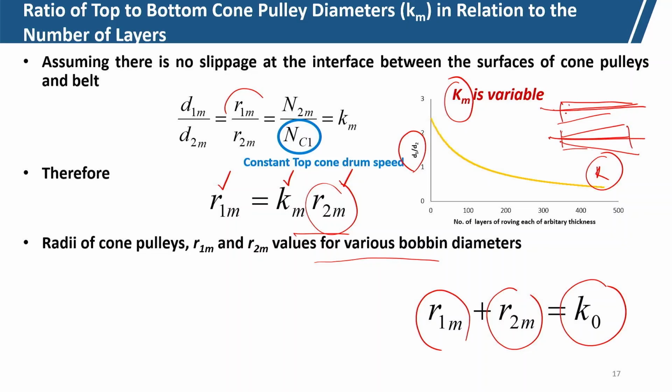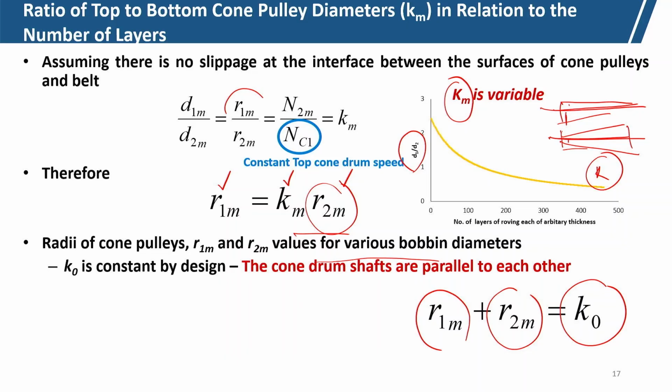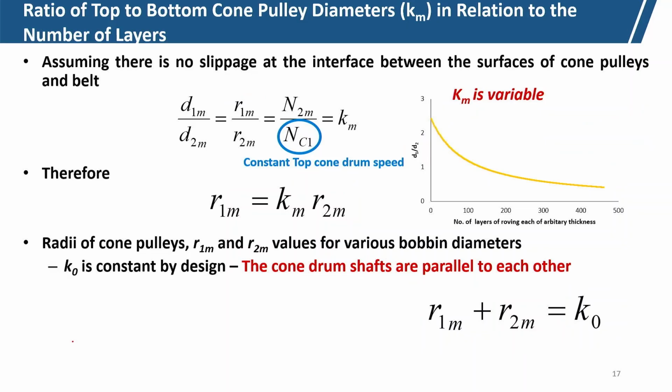So, the sum of the radii of these two will always be constant, because we are using a constant belt length that has to be maintained. K0 is a constant by design, the cone drum shafts are parallel to each other. So, this must be constant. The length of the belt that moves over the pulleys is fixed.